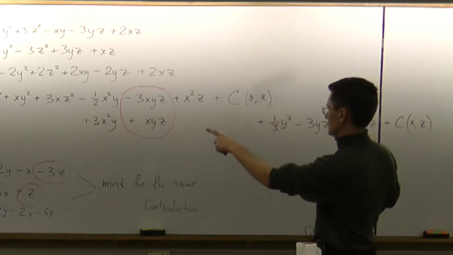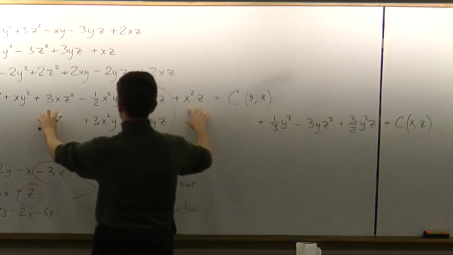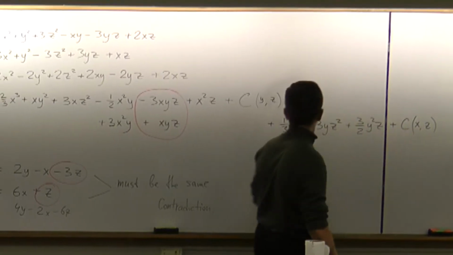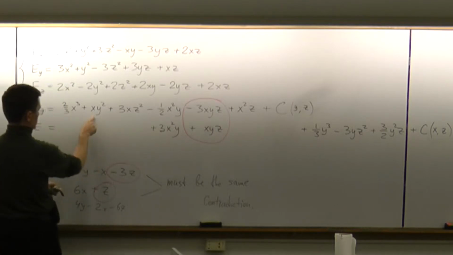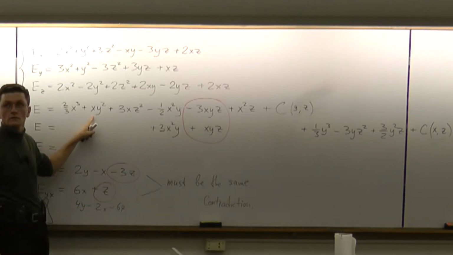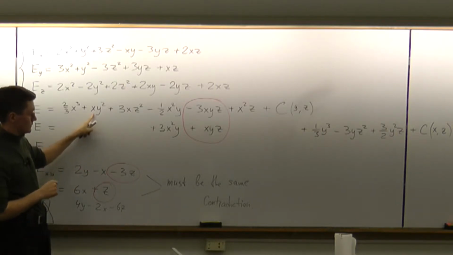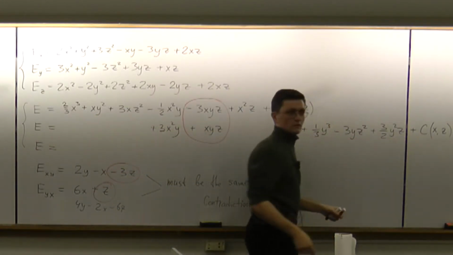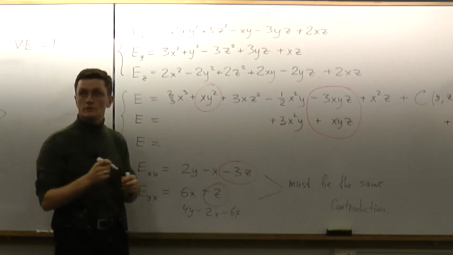Well, there's also probably a mismatch with something we have here that cannot be hidden into constant of x and z. Right? This term, x y squared, is not in terms of x and z, and it's not matching anything else in this expression. So this is also a problematic term.